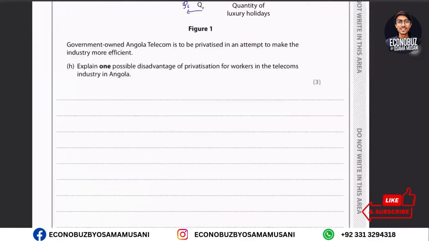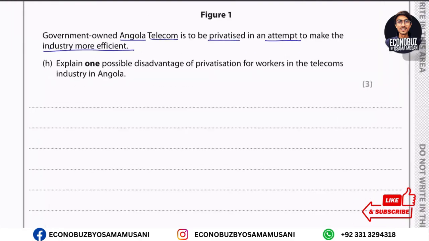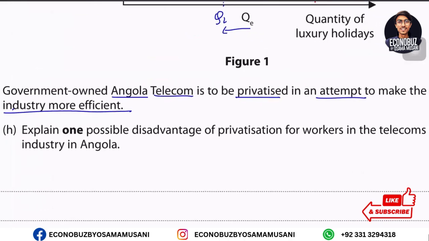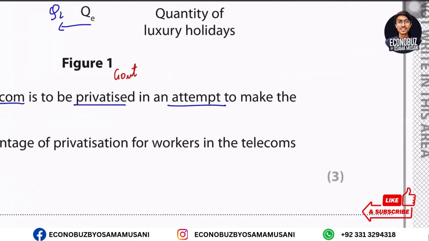Now, government owned Angola Telecom is to be privatized in an attempt to make the industry more efficient. What is privatization? When a public sector company becomes privatized, like a non-profit making organization, their aims change to profit making.